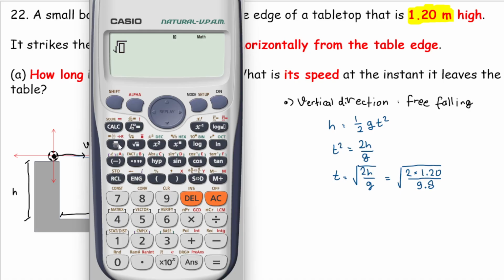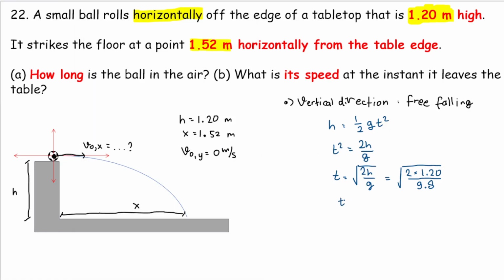We will have the square root of 2 multiplied by 1.20 divided by 9.8, and that will equal 0.49. So t here is equal to 0.49, and the unit here will be in seconds. So that is the answer for question A: how long is the ball in the air?